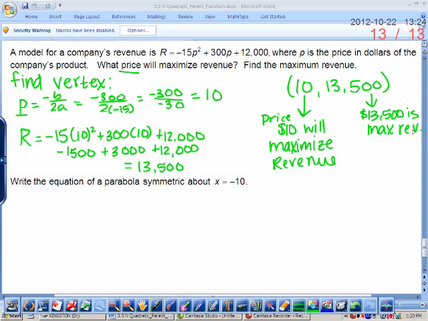What does it tell us if it's going to be symmetric about x equals negative 10? Okay, so the vertex has to have what as its x value? Negative 10. Does it matter what your y value is? No, anything could go here.